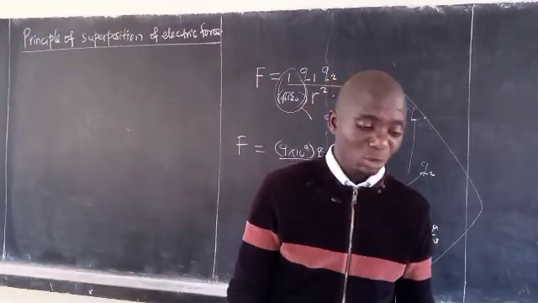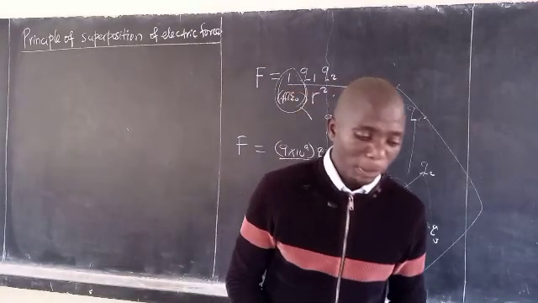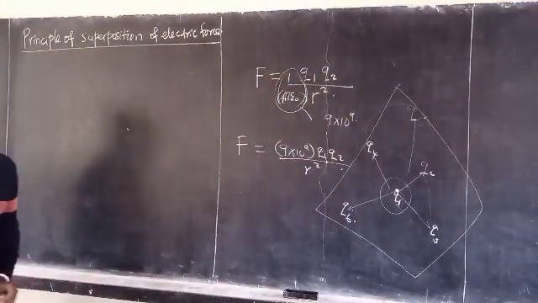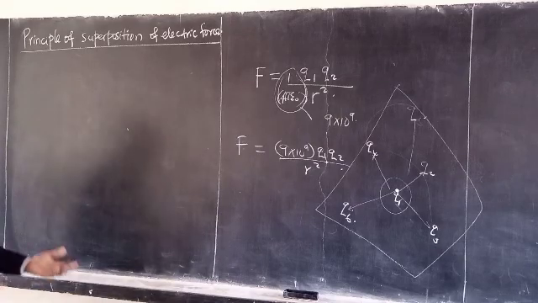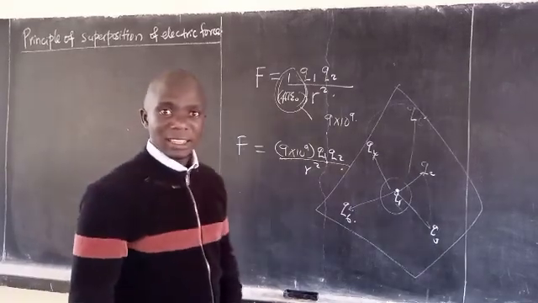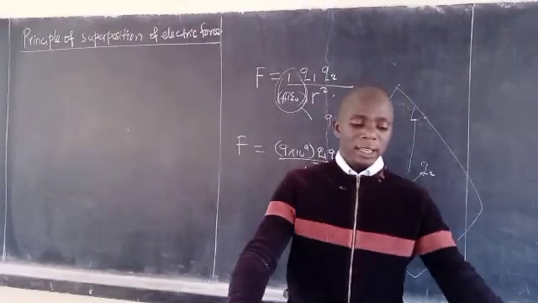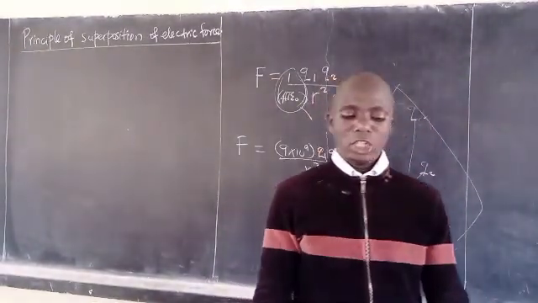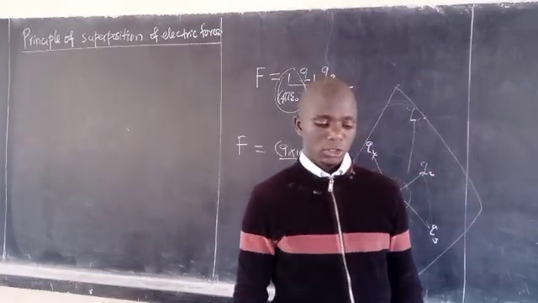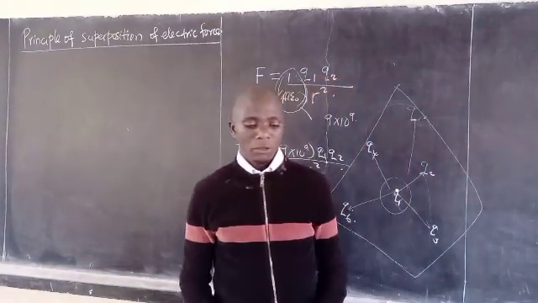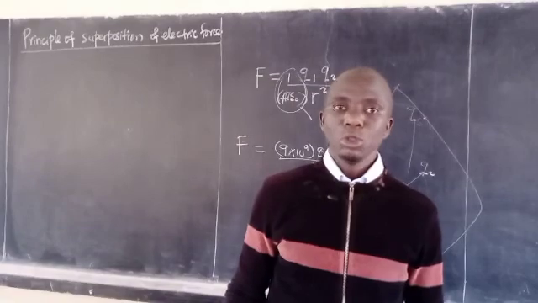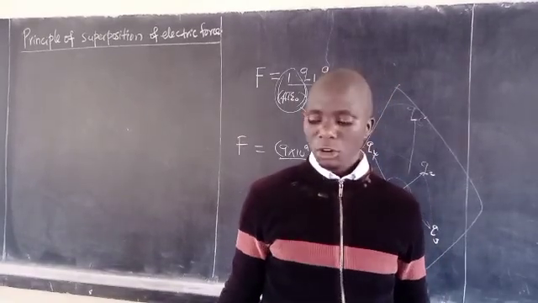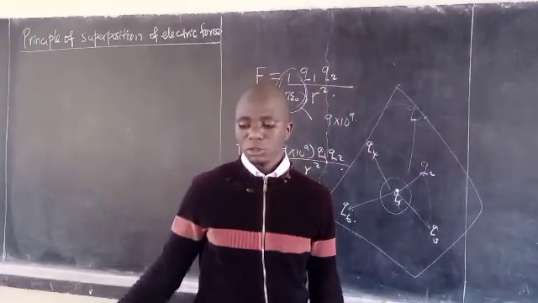And this brings us to the principle of superposition of electric force. What is it? This is exactly what I have explained. That the resultant force on any given charge due to a number of charges is the vector sum of the individual forces due to each charge. That is the principle of superposition of electric force.